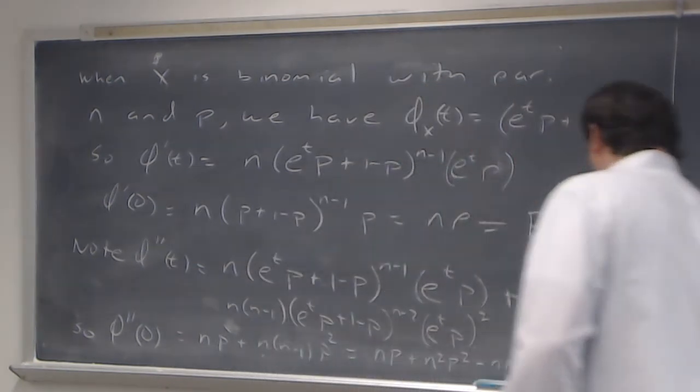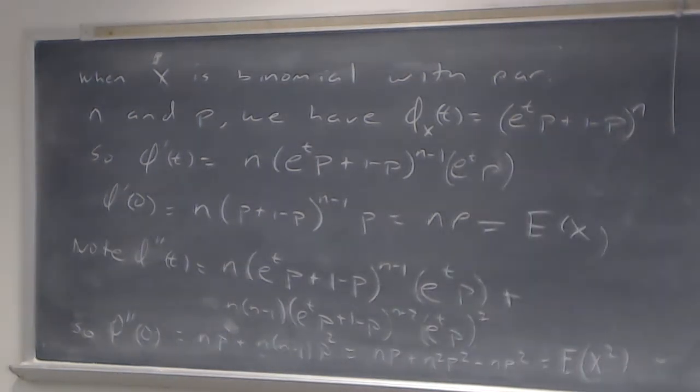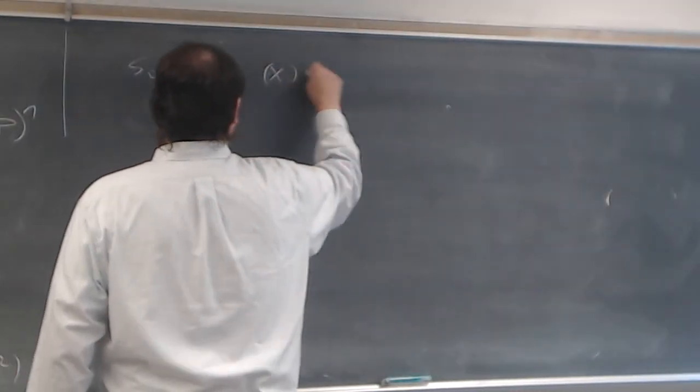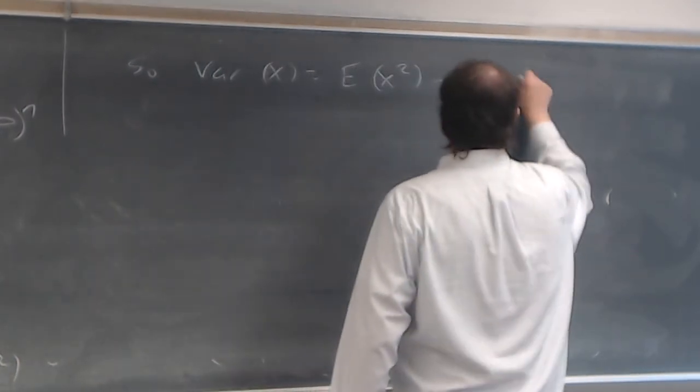Let me make sure that my work is correct there. Okay, so it's np, yes, that is right. All right, so finally, we get the variance of X, which you'll remember is the expected value of X squared minus the expected value of X, squared.